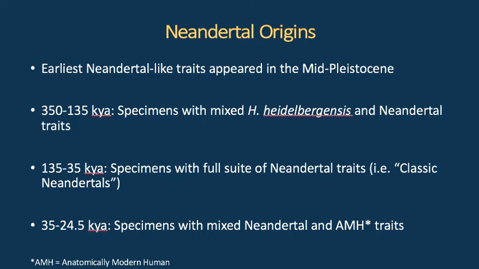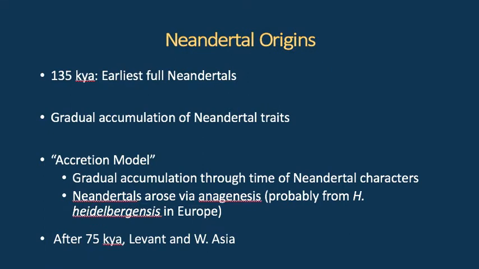They are specimens with mixed Neanderthal and anatomically modern human traits. So this accretion model is the model that I was just mentioning. We have this gradual accumulation of Neanderthal traits happening over a few 100,000 years. Neanderthals likely arose via anagenesis from a Heidelbergensis population in Europe.